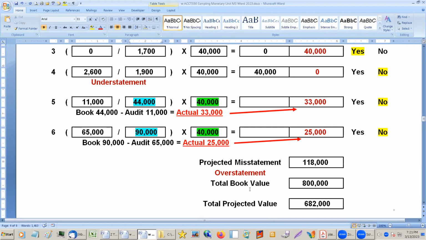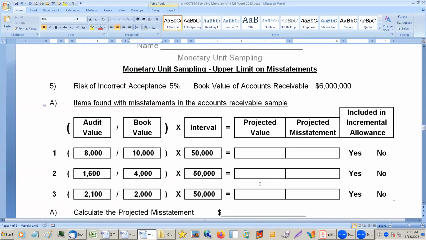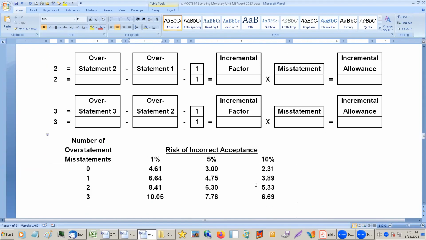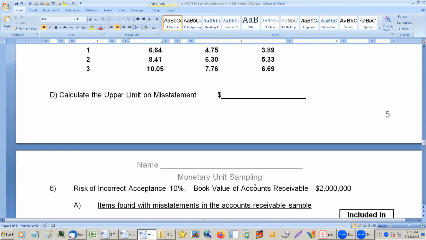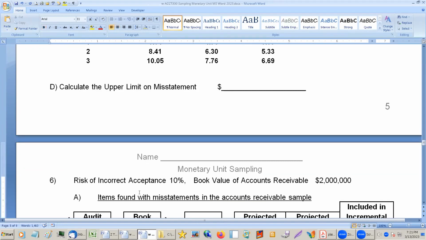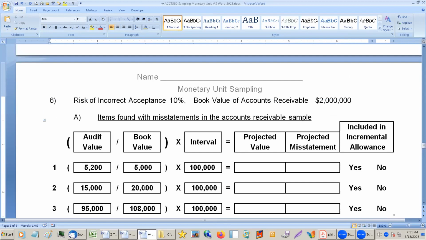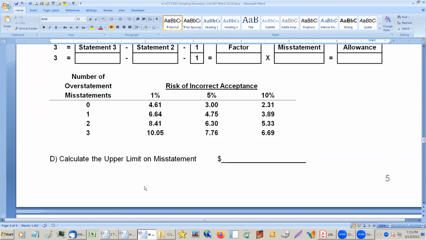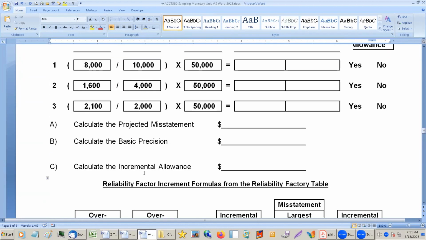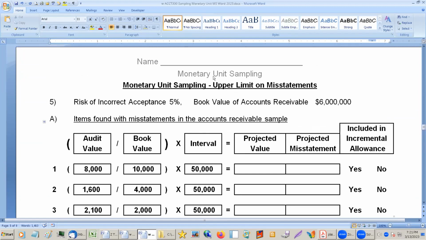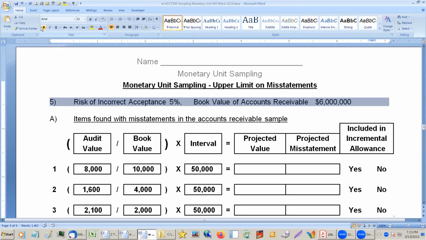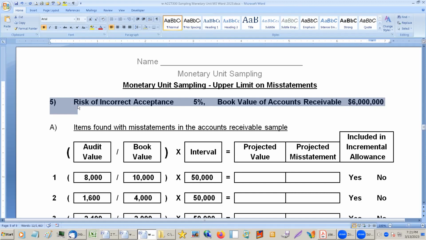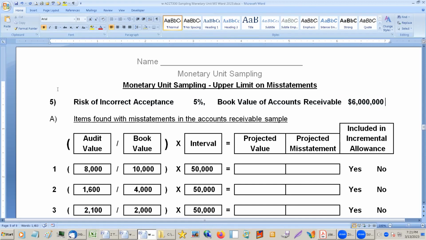All right. Now, we're gonna put this all together. So this is a full problem, and by the way, this is kind of the format that in the past they've actually used on the CPA exam.